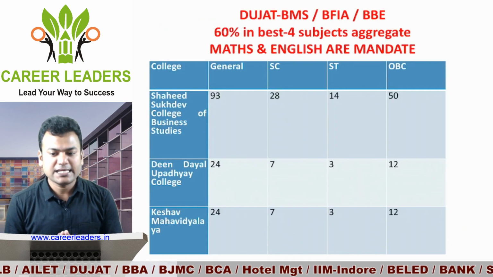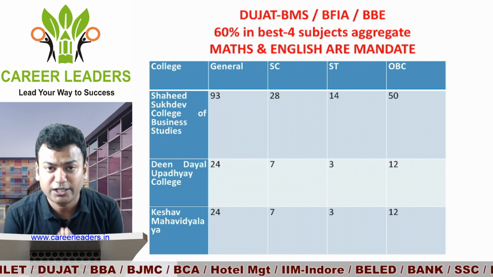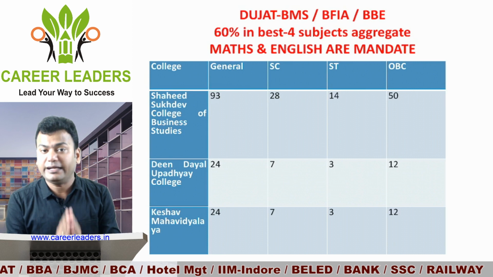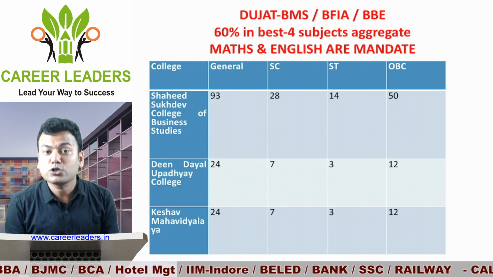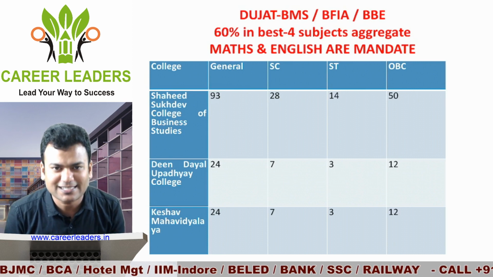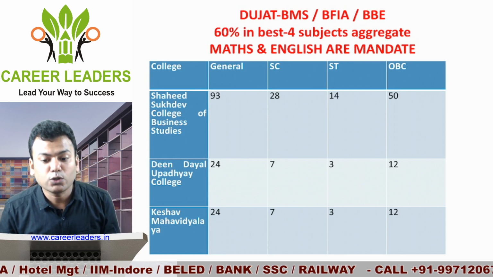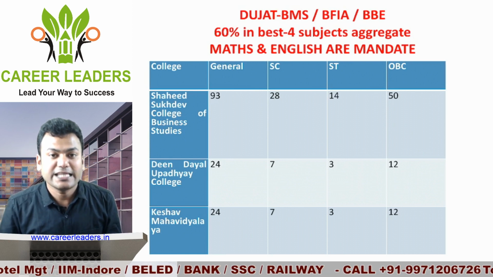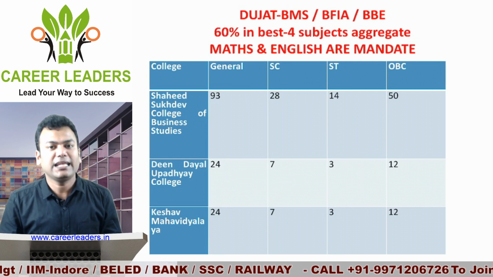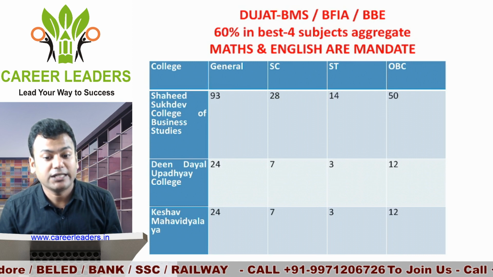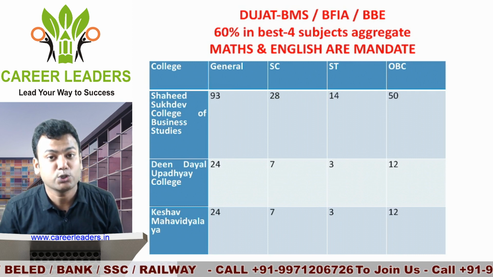Next option, guys, if you have maths in 12th. If you have opted for maths in 12th and you feel you will be able to pass your mathematics exam along with other subjects, and you feel you can get 60% aggregate marks in the best 4 subjects, you may apply for the Delhi University Joint Admission Test.